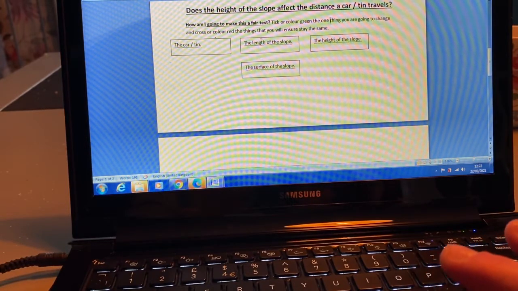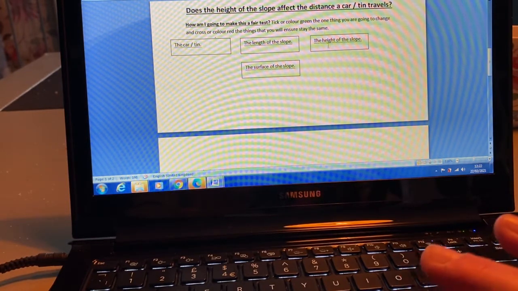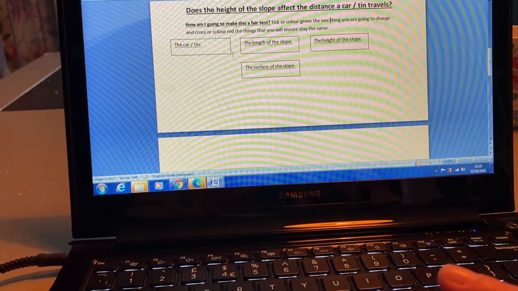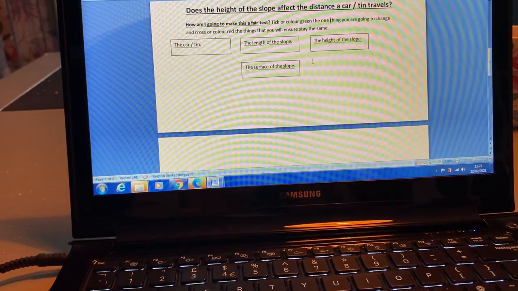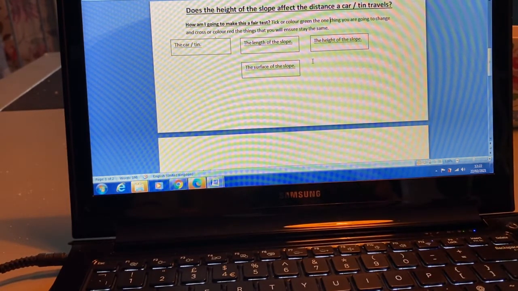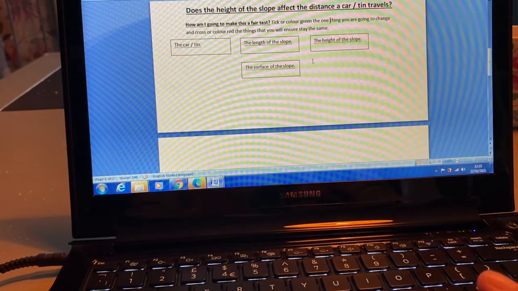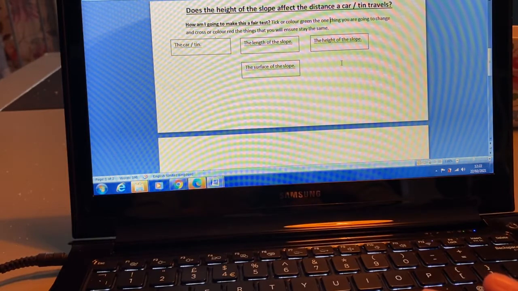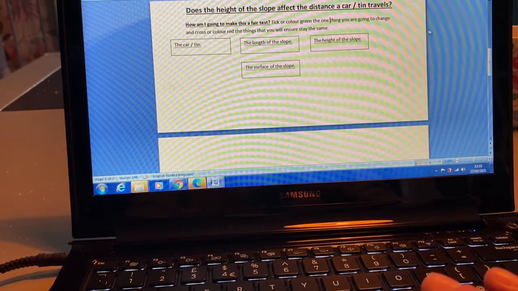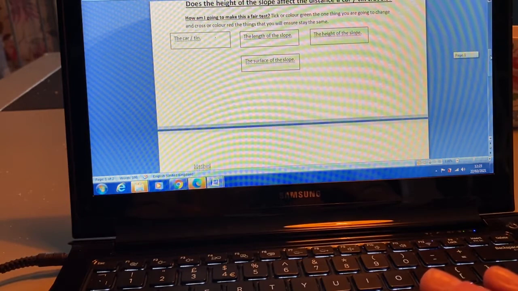So I've got several options here. You need to decide which of those is going to stay the same and which is the one thing. Remember, to make a fair test, we only change one thing. What's the one thing on this investigation that needs to change if I'm seeing how the height of a slope affects the distance that the car or the tin travels?